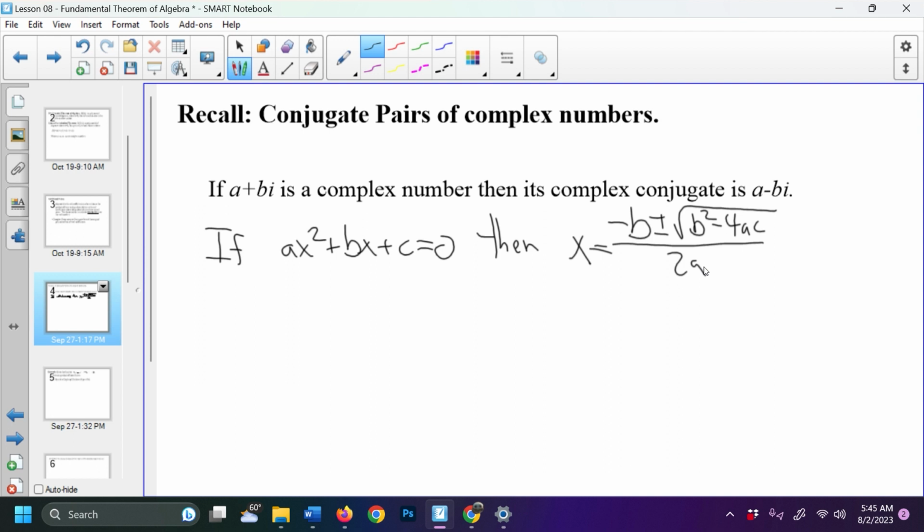And so essentially what this says is that if a, b, and c are real numbers, and you plug this into here, and what's underneath the radical turns into an imaginary number, you will have complex conjugates. Here's your positive, here's your negative.